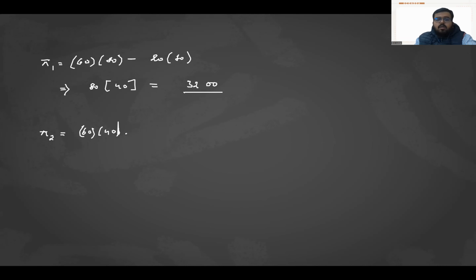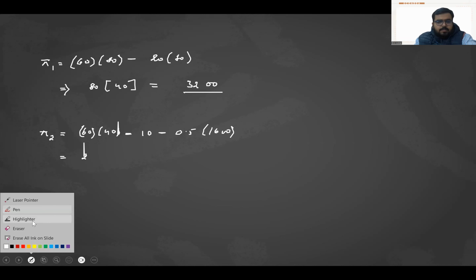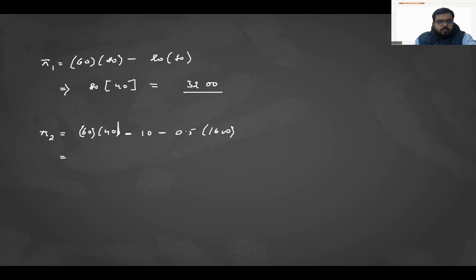Now here the cost is 10 + 0.5Q2², and Q2 = 40. 40 squared is 1600, right? So this is 2400 minus 10 minus 800, which equals 1600 minus 10, that is 1590.